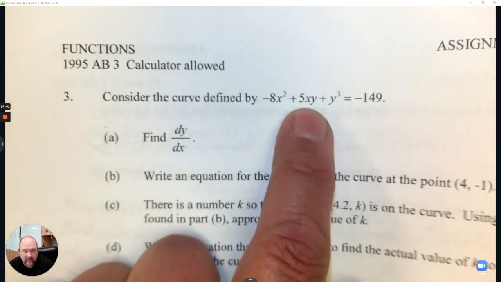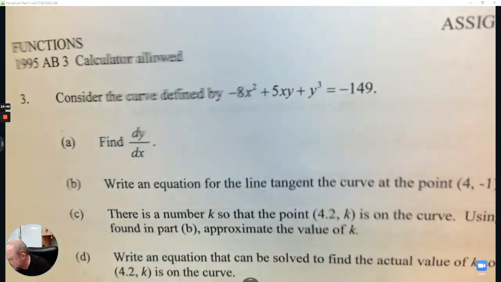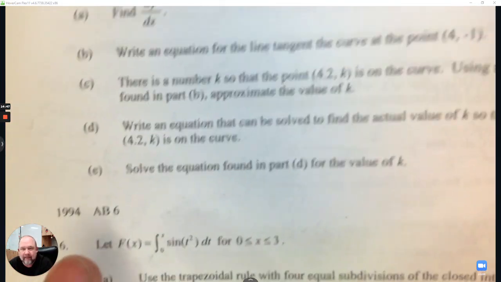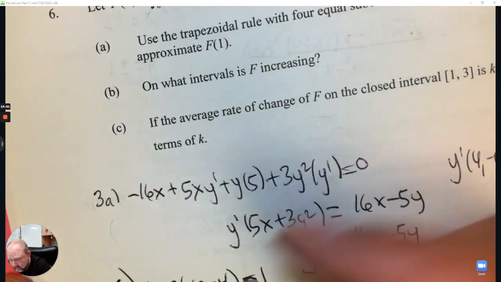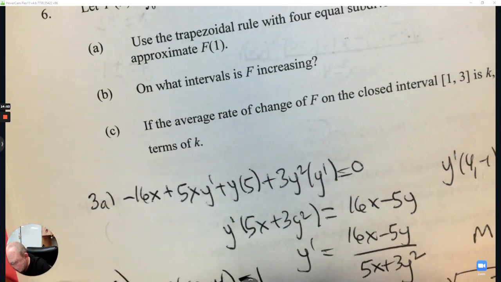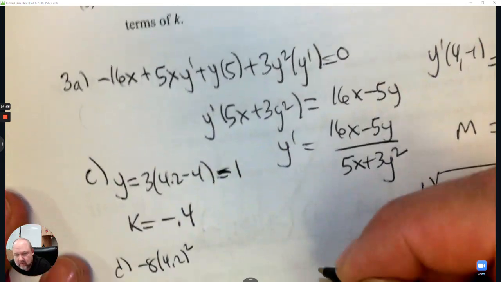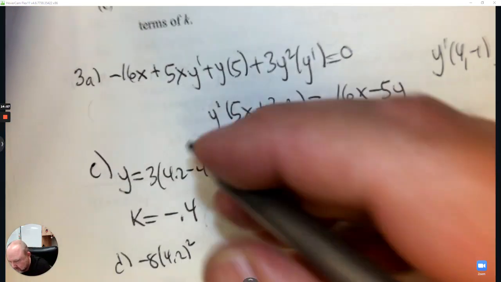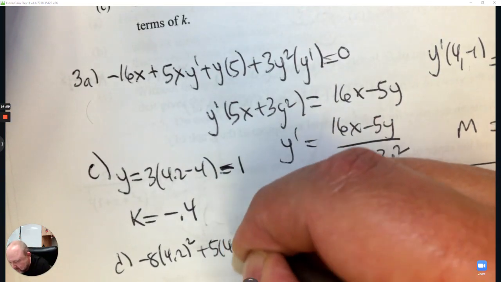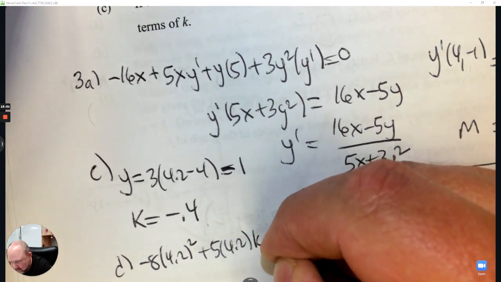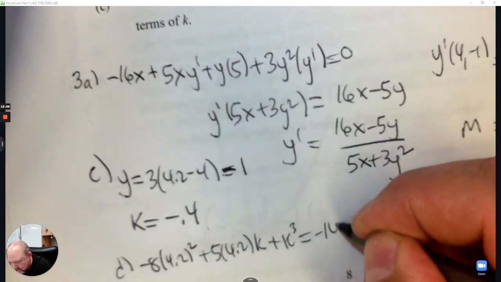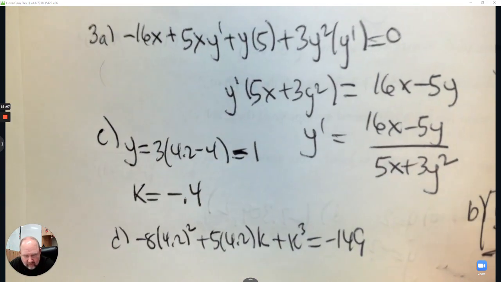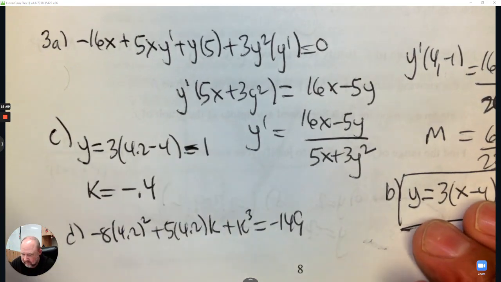Where there's an x, I'm going to plug in 4.2, and where there's a y, I'm going to plug in k. And then we're going to use my calculator, your calculator. So we have 4.2 for x plus 5 times 4.2k for y, k cubed, and then equals negative 149. It's okay. Just type that in, solve it with your calculator. This is what it would look like.